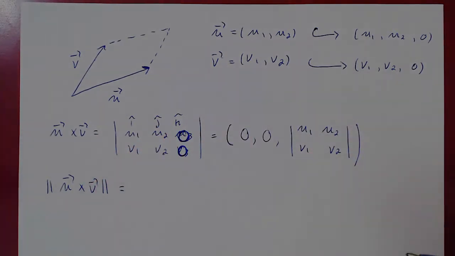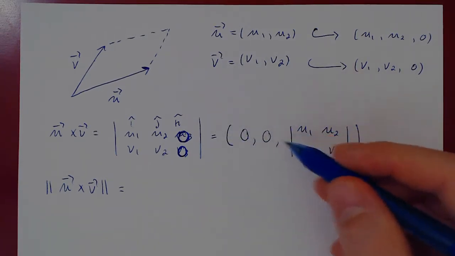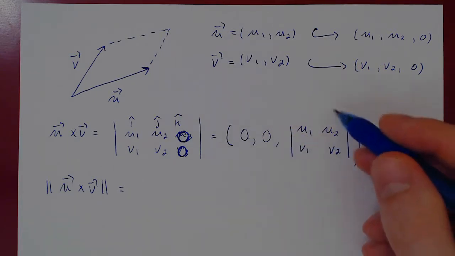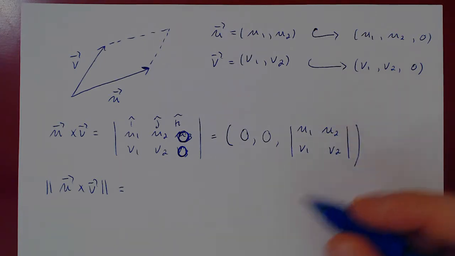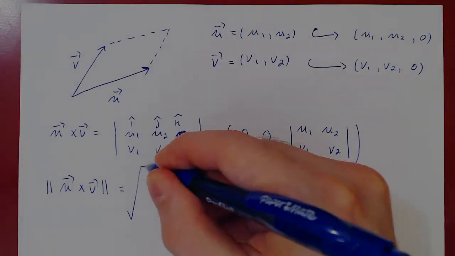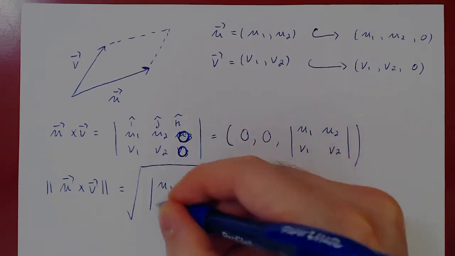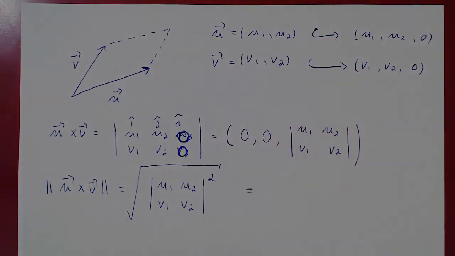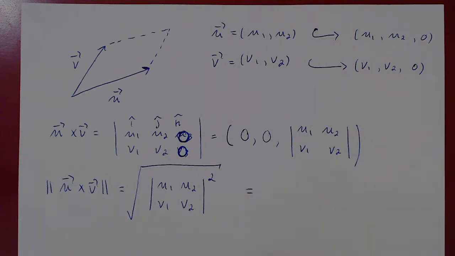if you recall by Pythagoras' theorem, it is just the square root of the sum of the entries squared. So it's the root of 0 squared plus 0 squared plus this determinant squared. So all we have is the root of this determinant squared. But if you think about it, if you square something into the square root, all you're doing is you're killing off possible negative signs.